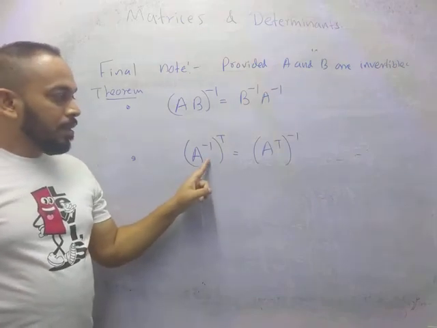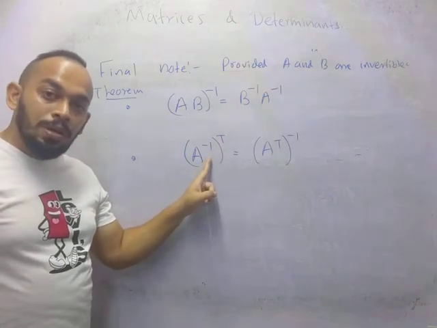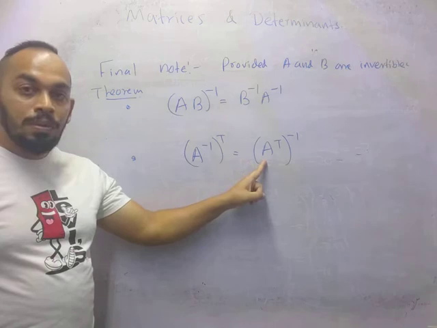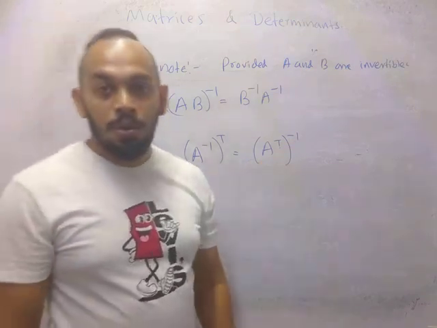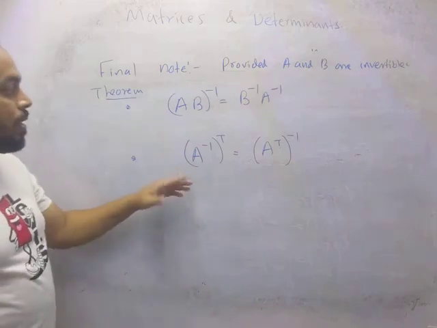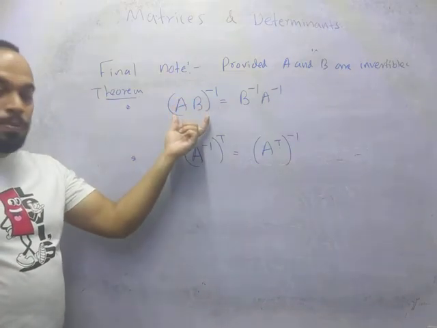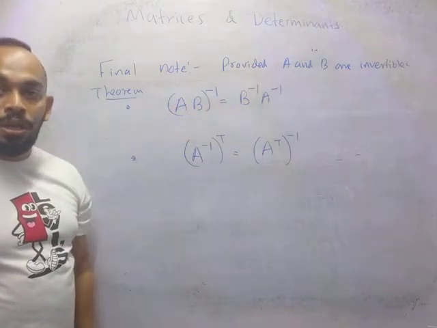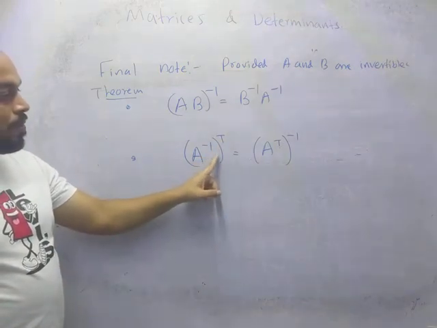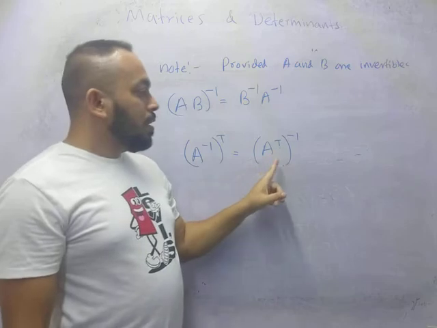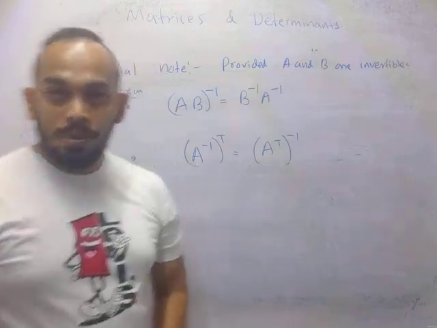And the transpose of A inverse is equal to the inverse of A transpose. Right? So this also holds. So please keep that in mind. When you take the inverse of a product, the order changes. The transpose of an inverse is also equal to the inverse of a transpose.